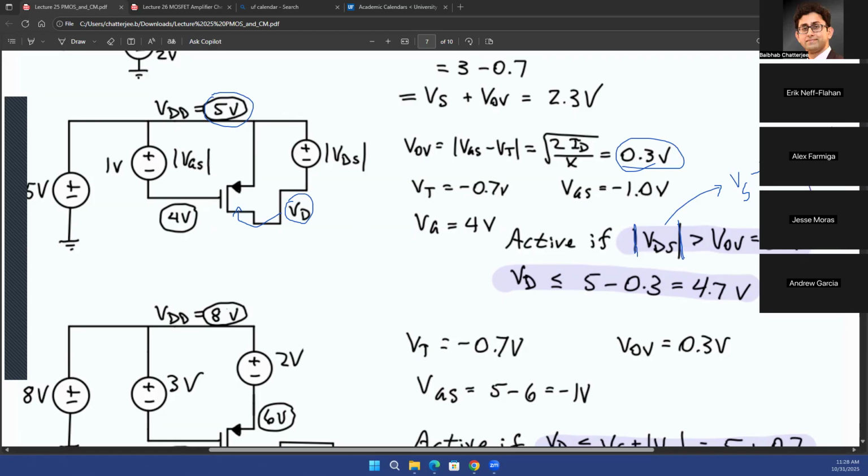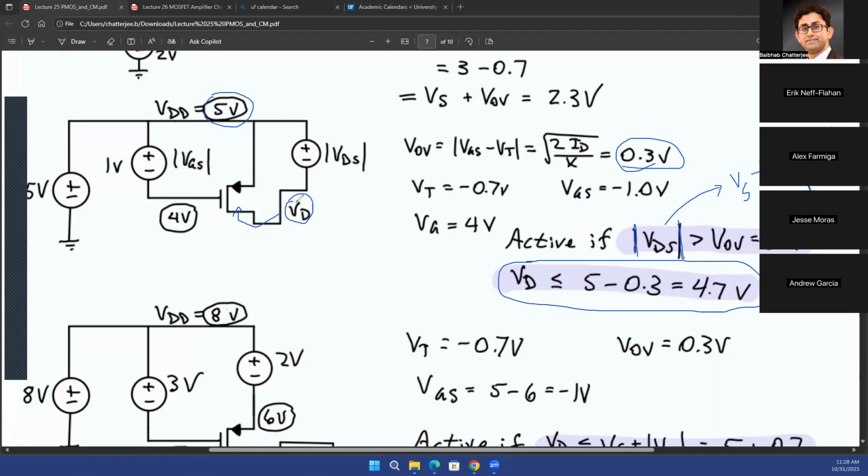So you can write that your VD needs to be less than VS minus 0.3 volt. Just from the previous equation, I can take VS to the right side and 0.3 volt to the left side. So VD needs to be less than VS minus 0.3 volt, or I can write VD needs to be less than 4.7 volt.